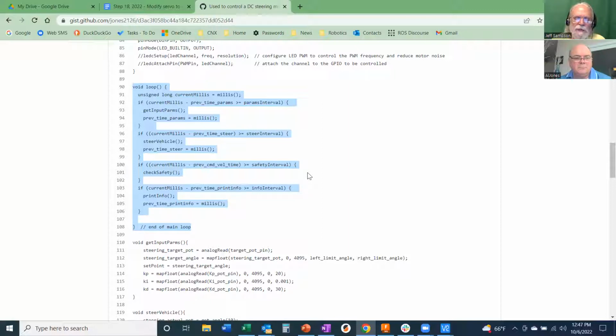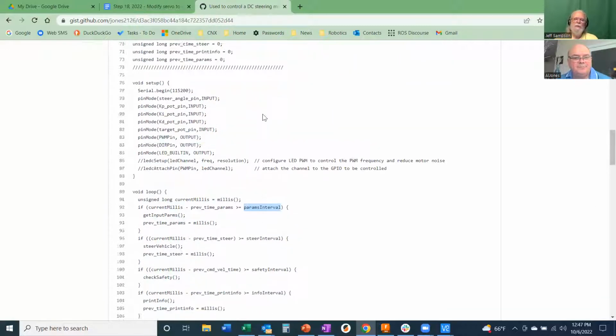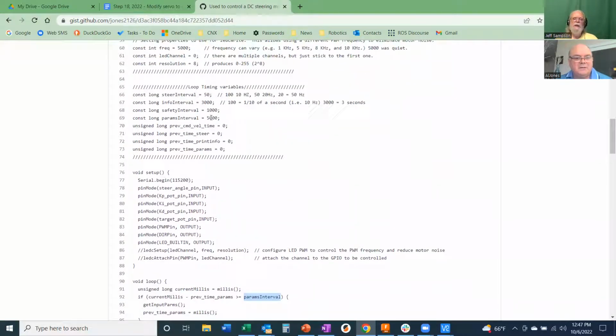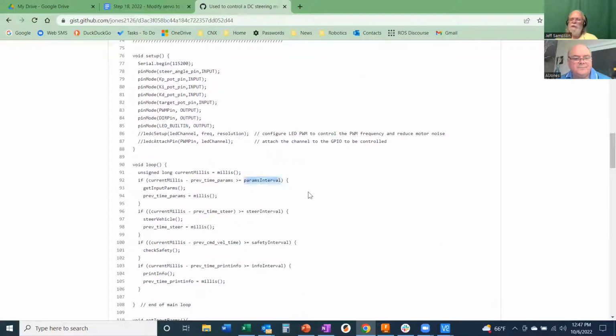You've got the parameter interval, the steer interval, the info interval that's printing stuff out, and the safety blinking LED interval. At one point, I thought you had a timer running every 5 seconds to read your target pot. Yes, that's considered parameters. And you're doing it every 5 seconds.